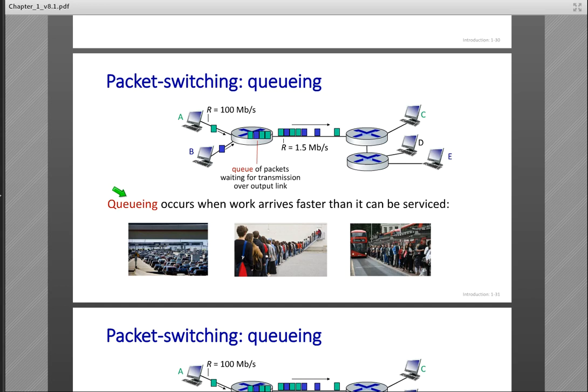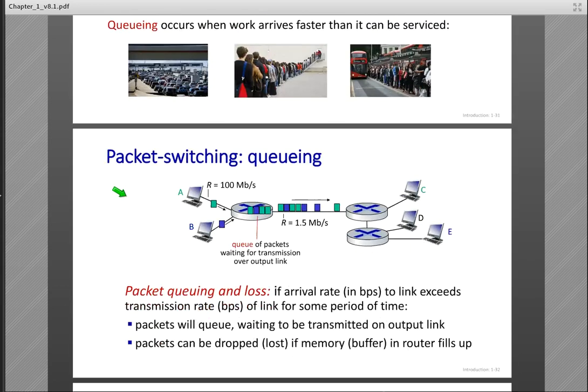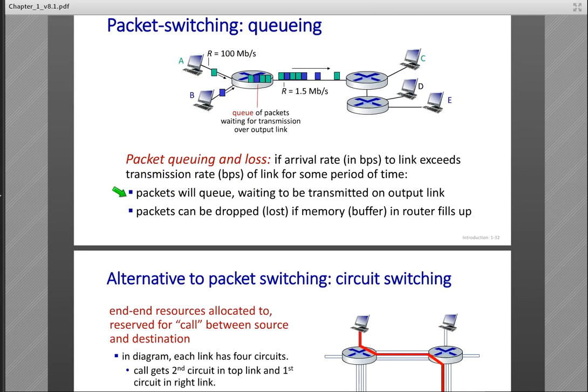We have a queue when the arrival rate is higher than the service rate. Always, if the arrival rate is higher than the service rate, we have a queue. That is obvious. But what is the effect of queuing? The queue grows in size. After a while, the queue will be full.